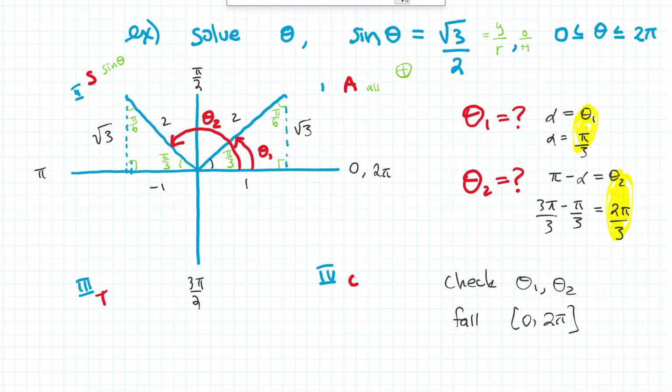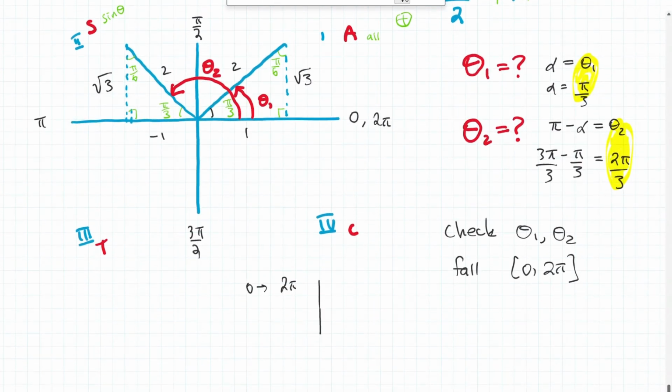During one cycle, one period, which is one sweep of the unit circle, which is 2 pi, from 0 to 2 pi, you will have at most 2 solutions. Okay, so if you think about the cycle of the sine, and we want to know when it is going to reach a value of, what do we say here?